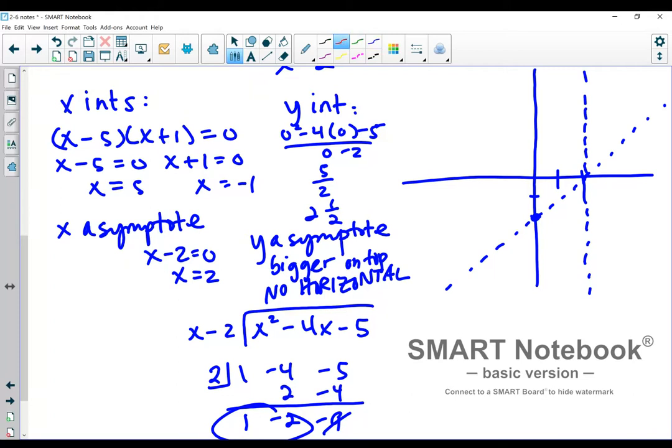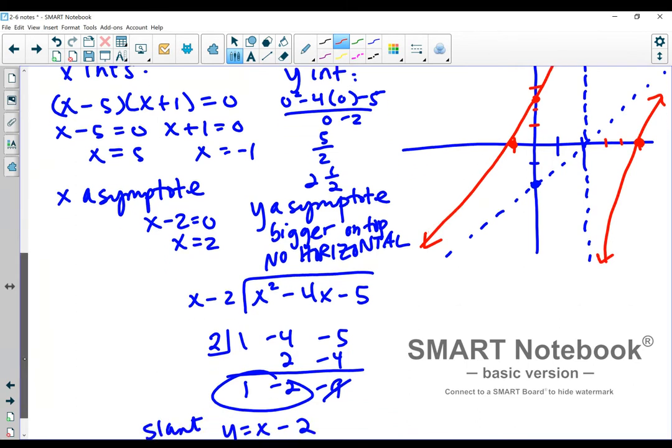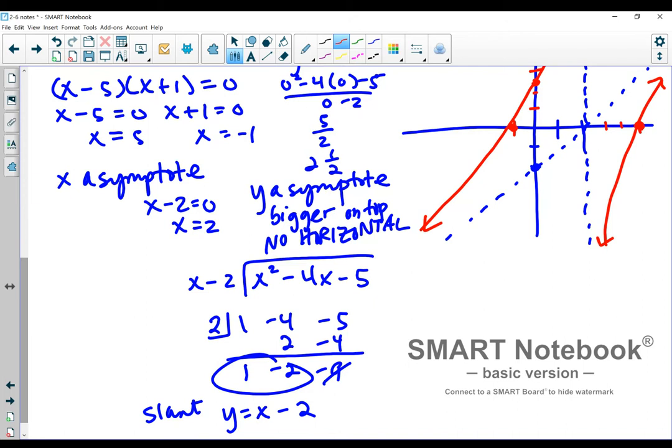Now we need to do our intercepts. -1 and 5, and a y-intercept of 2.5. All right, so I'm going to have a graph that goes through here, and I'm going to have a graph that goes through here.